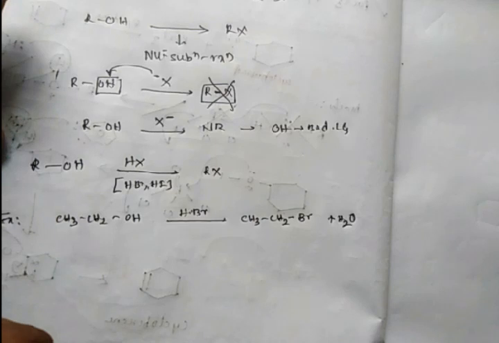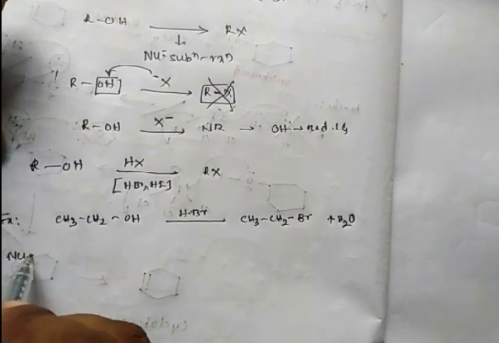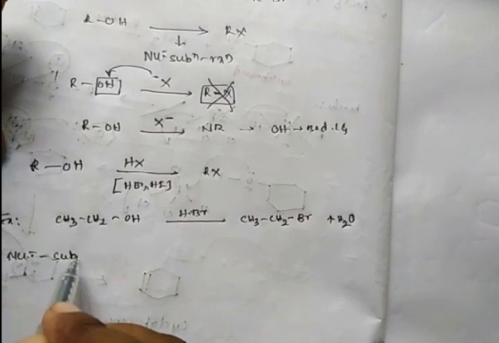Coming to the mechanism of this transformation, it's a nucleophilic substitution reaction. We have three categories of alcohols: primary alcohol, secondary alcohol and tertiary alcohol.